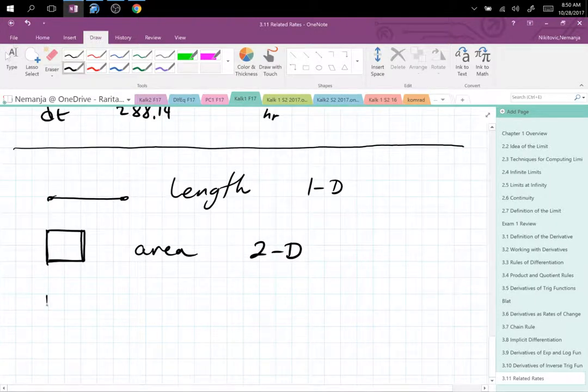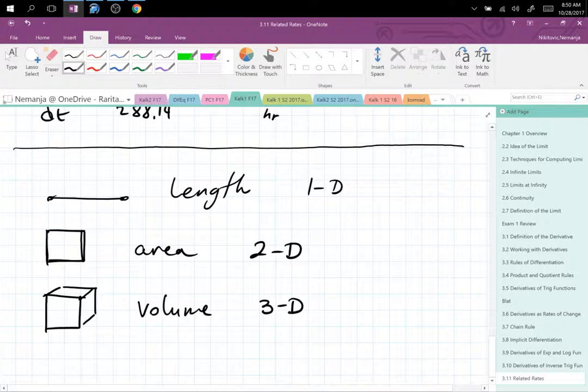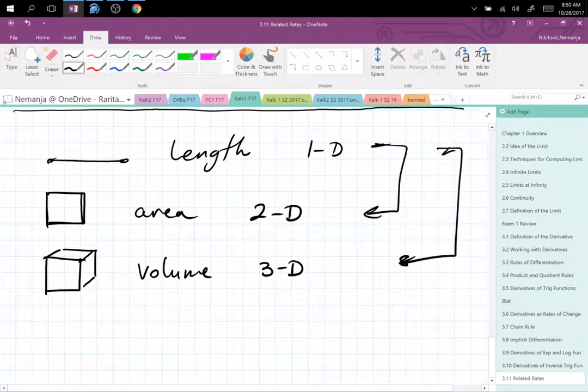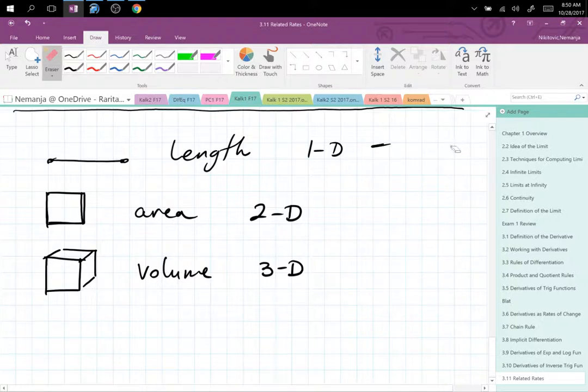Then you have volume, which is three-dimensional. Then bulk, four-dimensional. And you can go as high up as you want. We are going to stick with these. So your problems will most likely involve either the first two or the first and the third. That's how the problems are linked. Rarely you will see the link between the two. You can link these two as well.